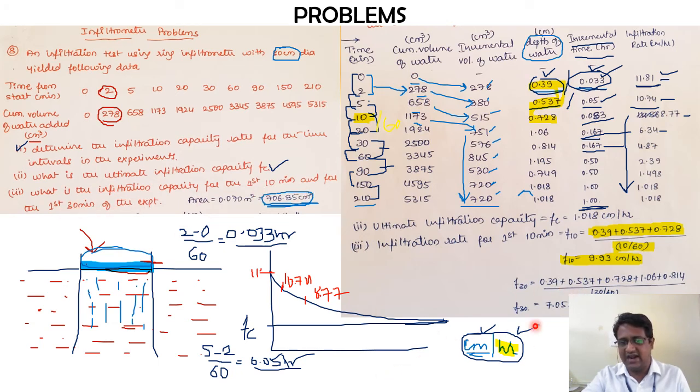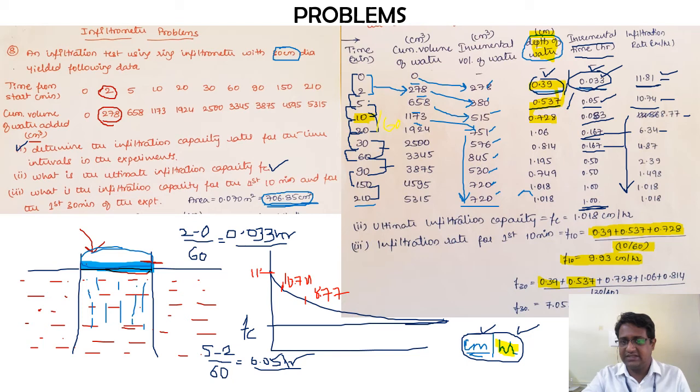I will basically add up the quantity of water I have added in the first 30 minutes. If you cross check, it will be 0.39 for the first 2 minutes. Then for the next 3 minutes, that is 3 to 5 minutes, I have added 0.537 amount of water, all of which can be visualized with this fourth column here.